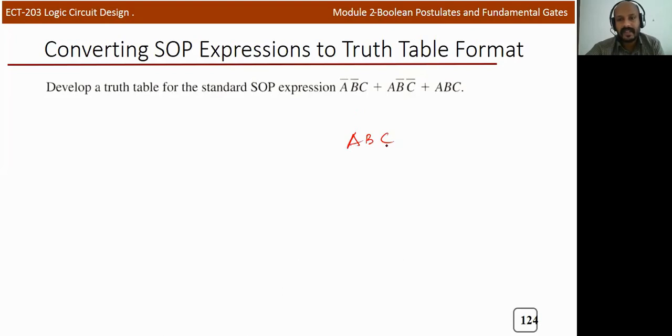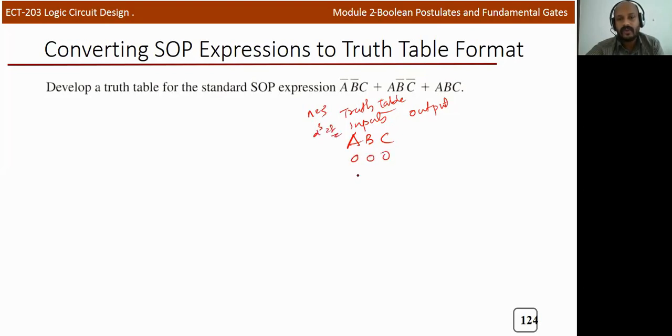Here it is ABC, meaning 3 variables. We can consider these as the input, and the corresponding output we need to write. That's a truth table actually. A truth table contains input and output. So ABC means 3 variables. If n is equal to 3, 2 raised to 3, 8 different combinations will be there.